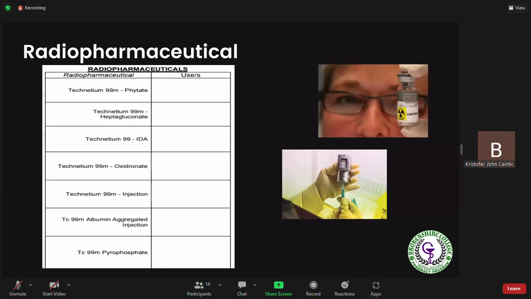So aside from this, we also have different radiopharmaceuticals that are used to diagnose or treat certain diseases. Most of these radiopharmaceuticals are primarily used for screening and detecting cancer, and for the treatment of cancer.